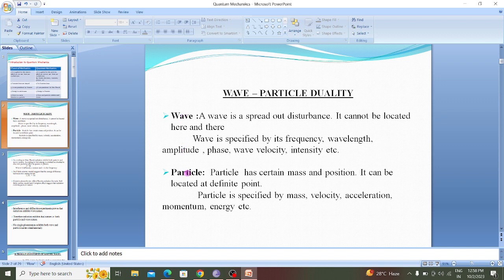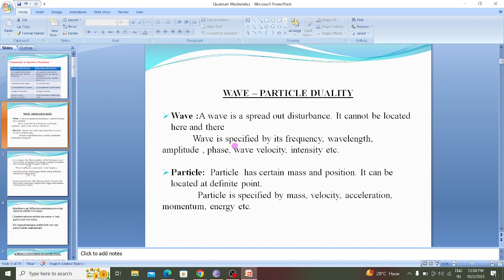Particle means, for example, we are also particles. A particle has a certain mass and a definite position. I can give the position of a particle; I can locate a particle. A particle is specified by mass, velocity, acceleration, momentum, energy, these terms.